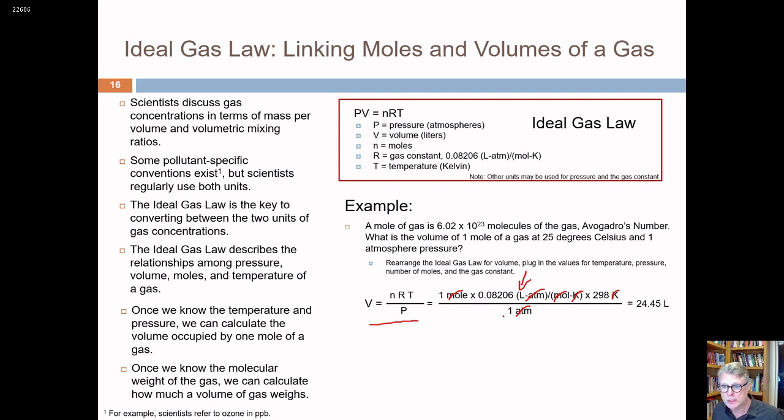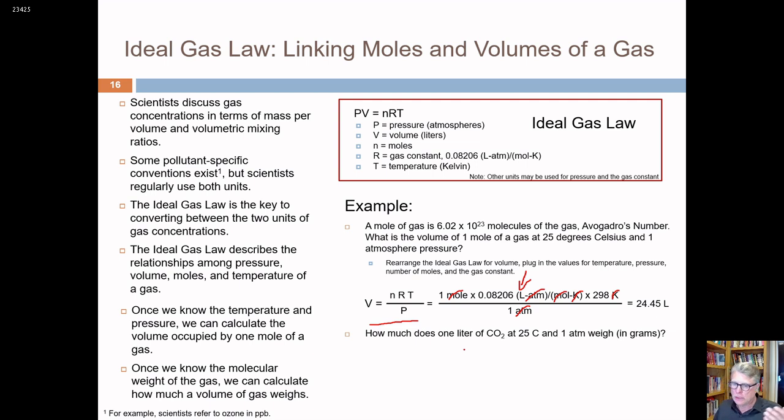So we do the math and we get 24.45 liters. What do we conclude? We conclude 1 mole of gas at 25 degrees C and 1 atmosphere occupies 24.45 liters of volume. It's true for any gas, not just CO2.